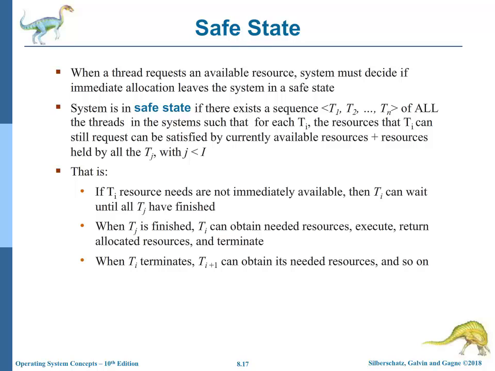More formally, a system is in a safe state only if there exists a safe sequence. A sequence of threads T1, T2, until Tn is a safe sequence for the current allocation state if, for each Ti, the resource request that Ti can still make can be satisfied by the currently available resources plus the resources held by all Tj with j less than i.